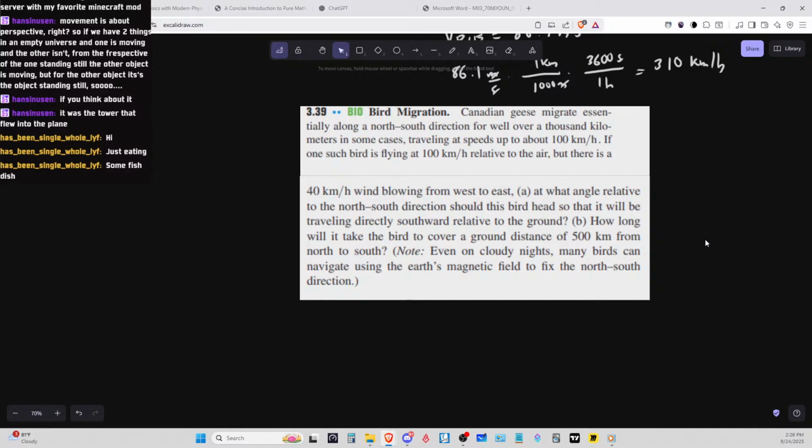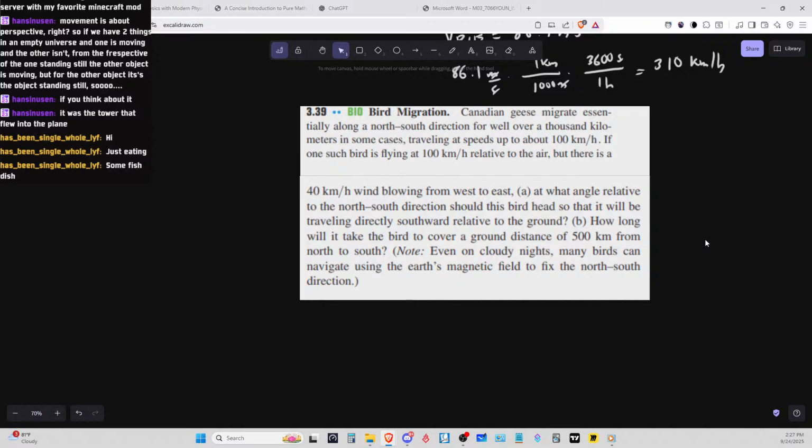If such a bird is flying at 100 kilometers per hour relative to the air, and there's a 40 kilometer per hour wind blowing from west to east, so it's basically a wind going in the eastern direction, at what angle relative to the north and south direction should this bird head so that it will travel directly southward relative to the ground?